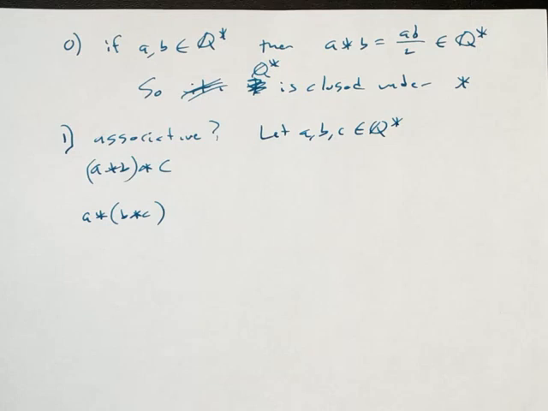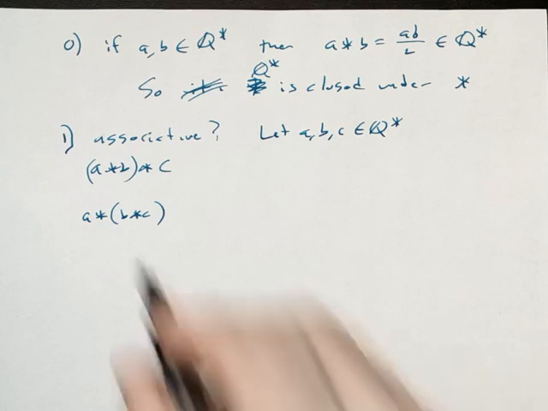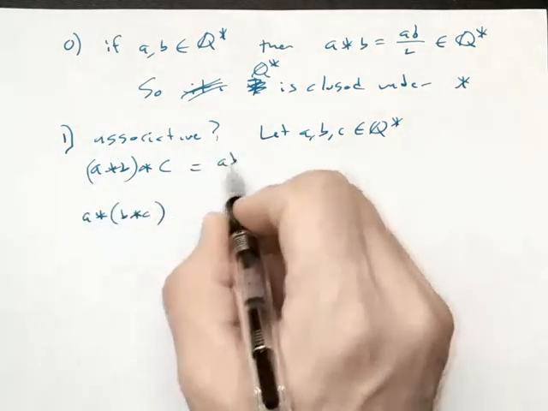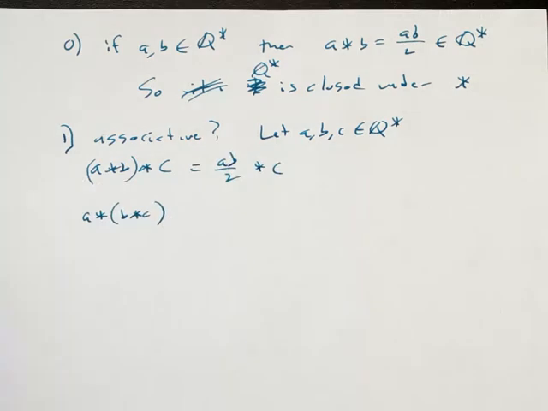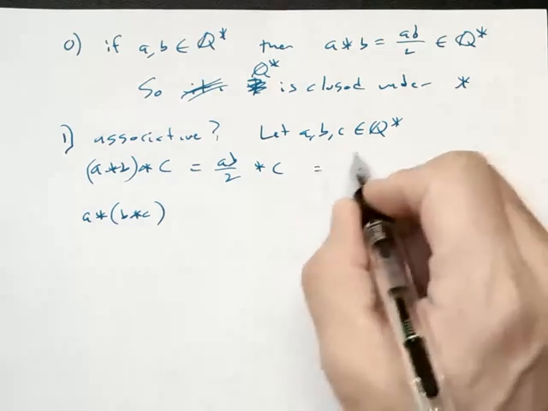I now do A star B. Then I star that with C. So A star B is AB over 2. Star that with C. What do we get? Yes, but I need to know what rational number. Non-zero is not sufficient. I need to know exactly what this answer is. AB over 2 times C over 2.